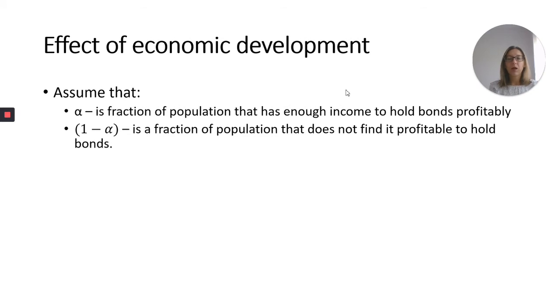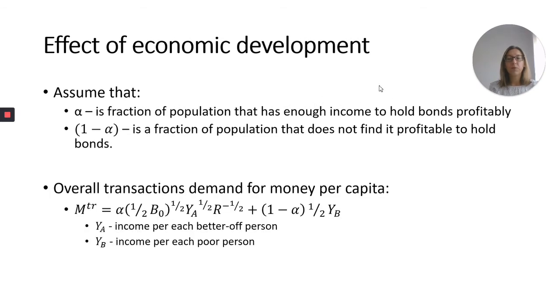Which means that if we try to write down the total transactions demand for money in the country, it is going to have two components. One is the transactions demand for money of the better-off people, and the other is the transactions demand for money of poor people.